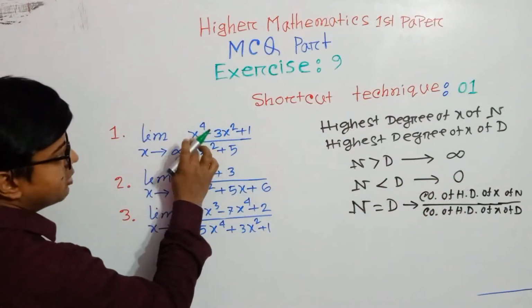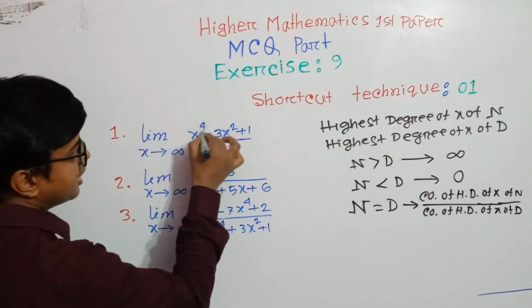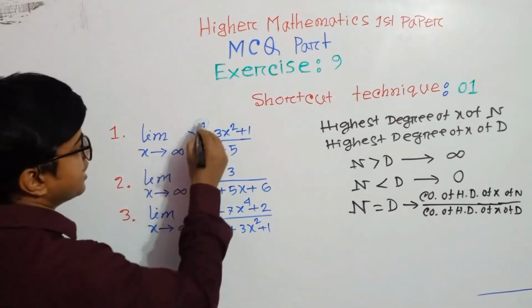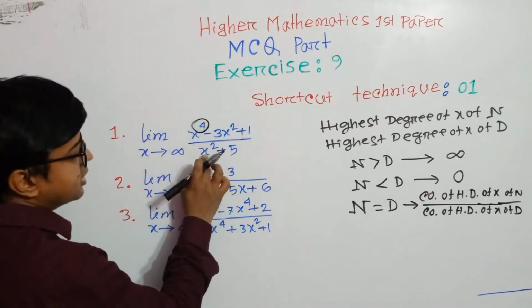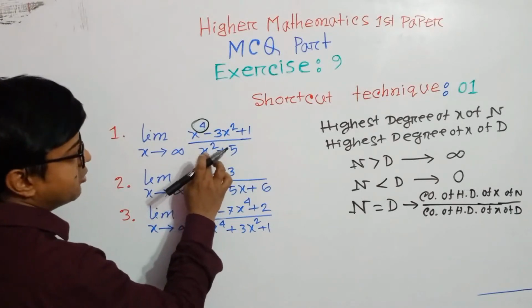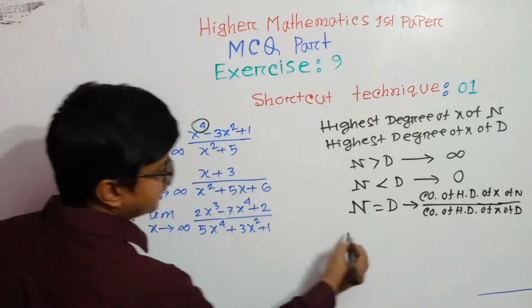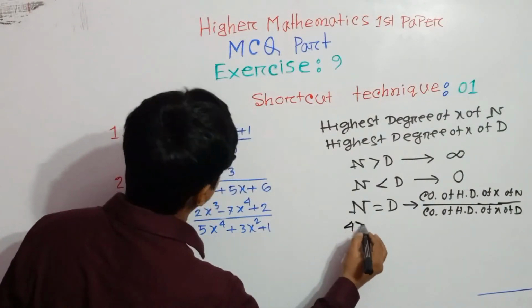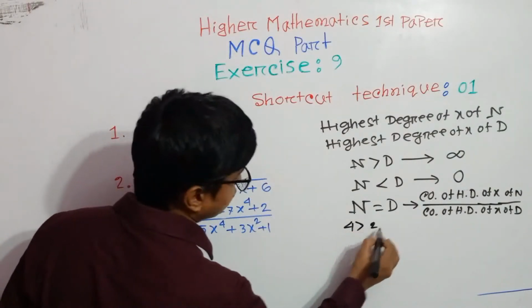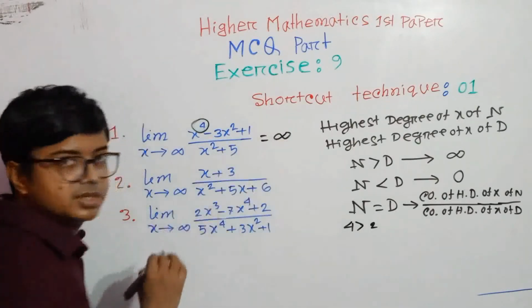Here, the highest power of x in the numerator is 4, and the highest power of x in the denominator is 2. So 4 is greater than 2, so our answer will be infinity.